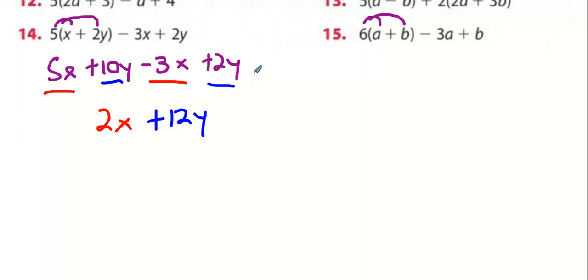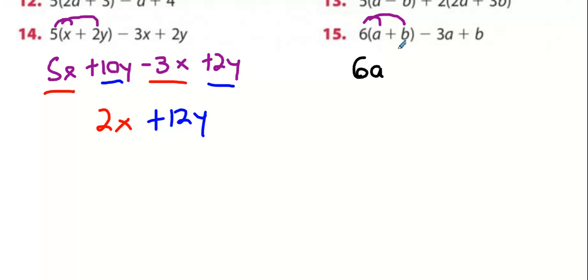Right. C, what's 6 times A? Oh, sorry, 6 times A, not 8. My bad. 6 times A. 6A, yeah. 6 times B. Good job.